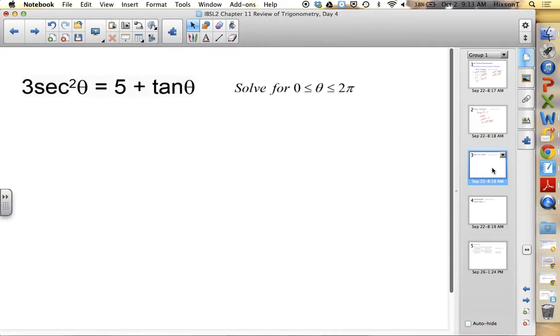I see a secant squared. Oh, there's an identity with tangent and secant. Tangent squared plus 1 equals secant squared. So I would start by substituting that in. But what about the 3? Is it 3 plus 3 tangent squared plus 3? Well, once you distribute, yes.